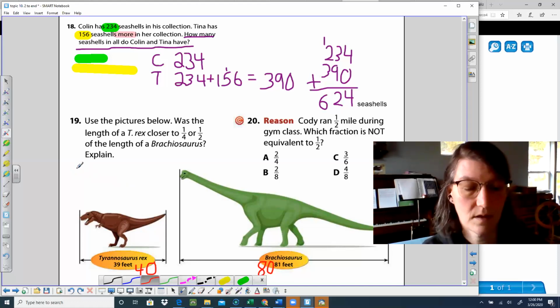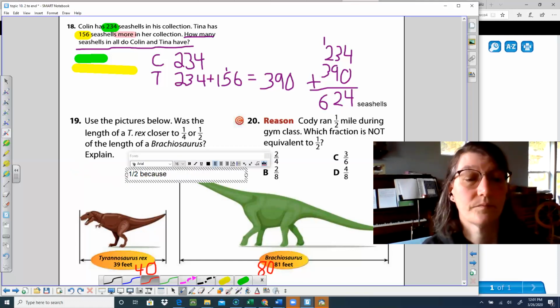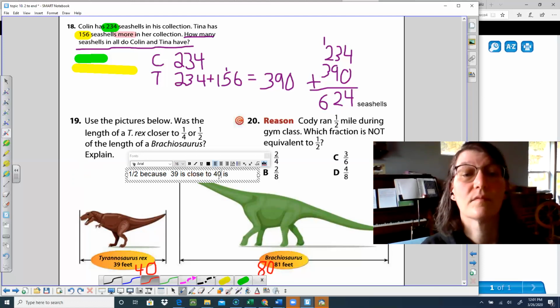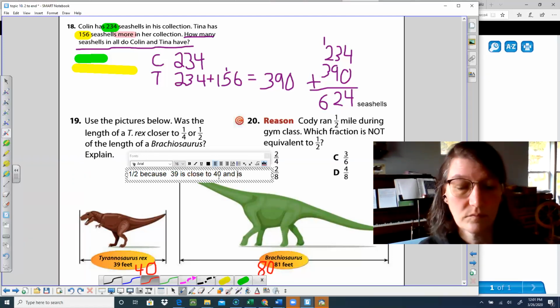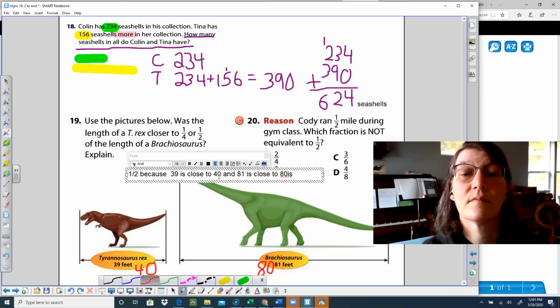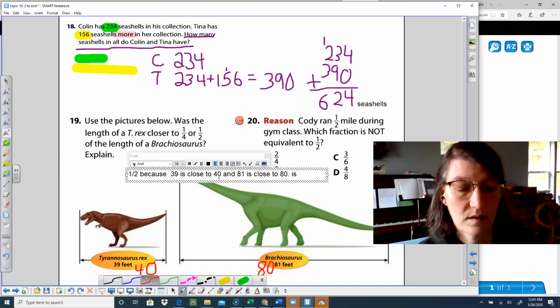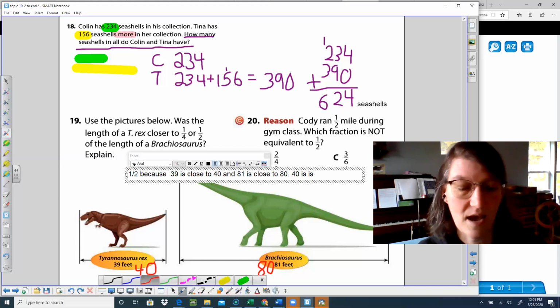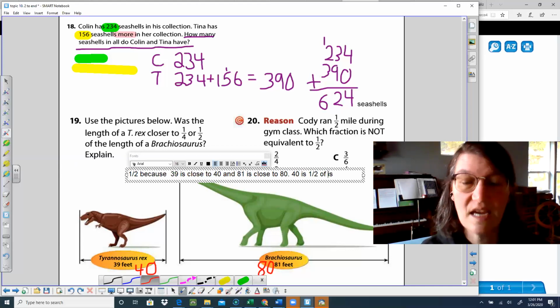Okay, so half. 39 is close to 40, and 81 is close to 80. 40 is about, it's not about, it actually is. 40 is half of 80.